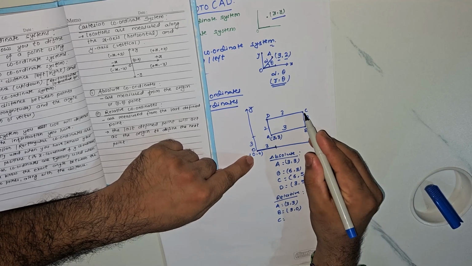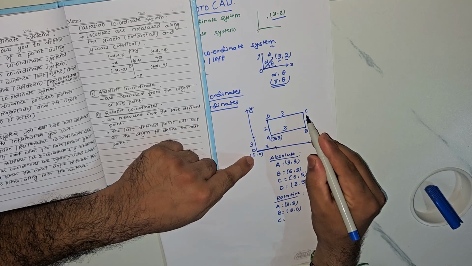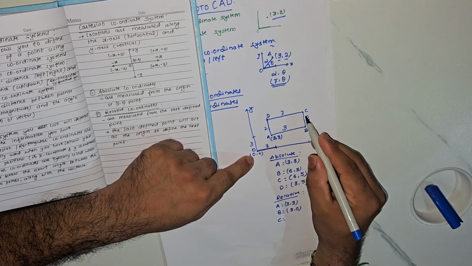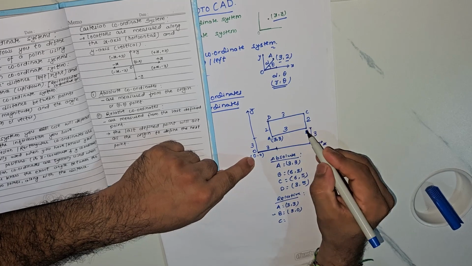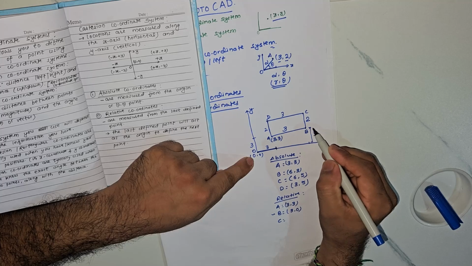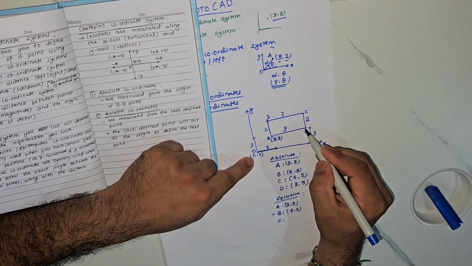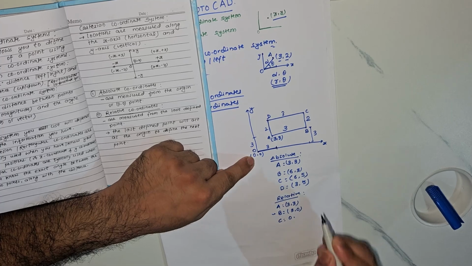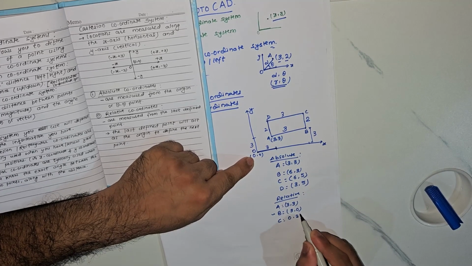Again for C, the C will be measured relative to B, the last defined point. Is it moving in horizontal distance? No, it is only moving in vertical distance. So the x coordinate will be 0 and the vertical, as it is going upward, will be plus 2.